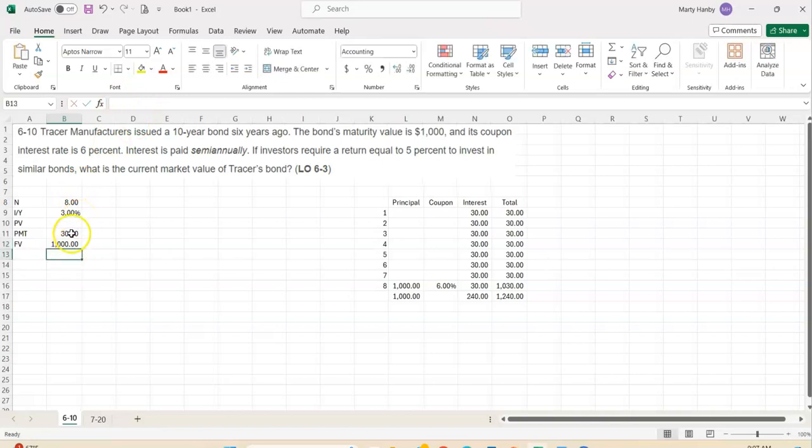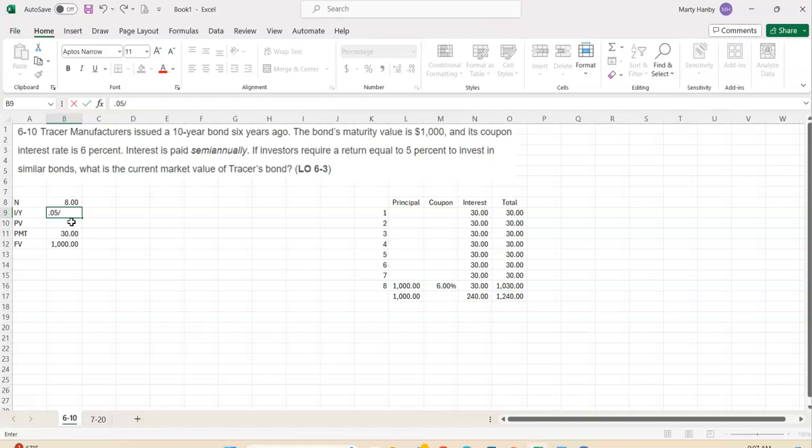Those are both positive because they would be receipts. The IY is the 5%, not the 6%. That's the required rate of return, which in this case is the yield to maturity.